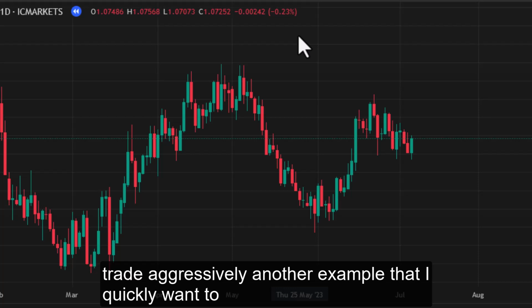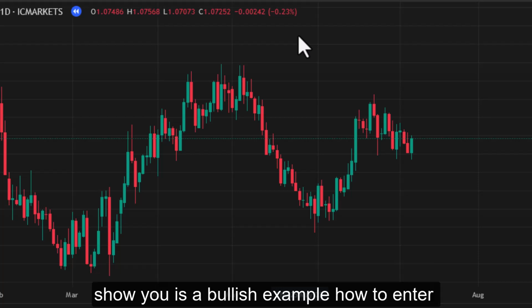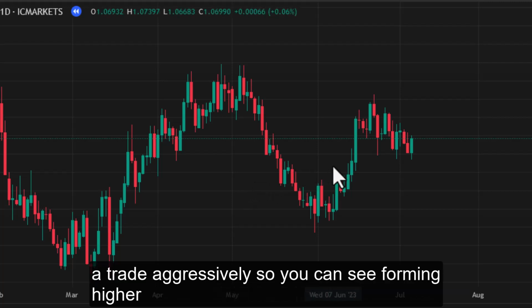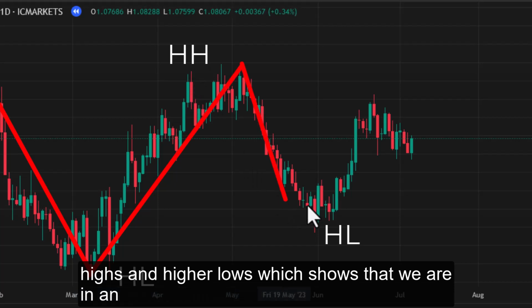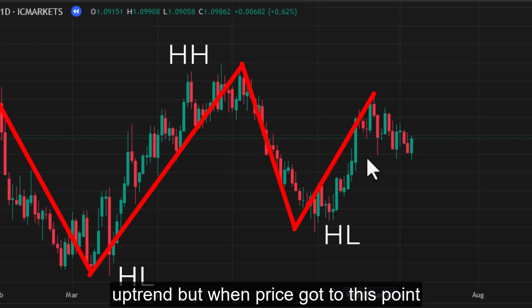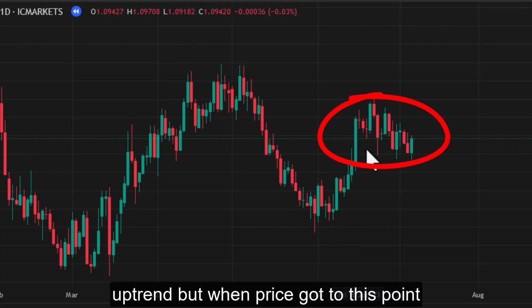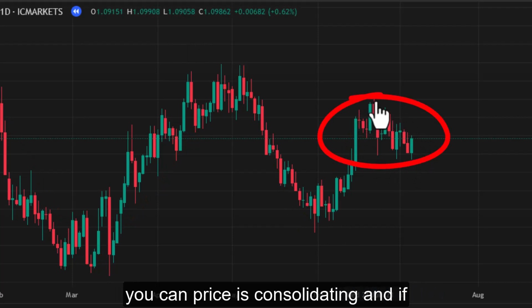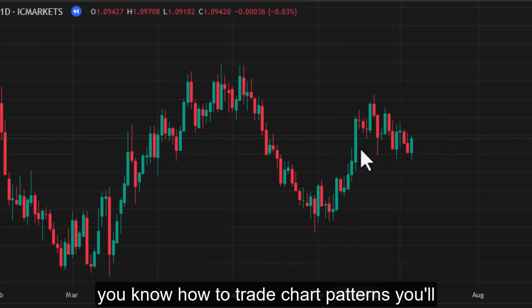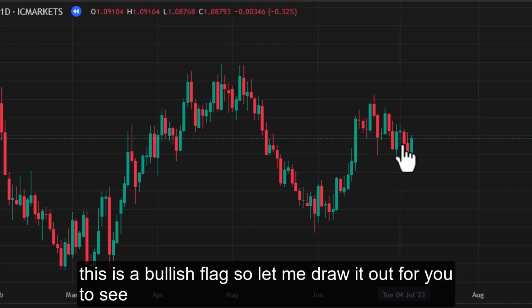Another example that I quickly want to show you is a bullish example of how to enter a trade aggressively. You can see price forming higher highs and higher lows, which shows that we are in an uptrend. But when price got to this point, you can see price is consolidating. If you know how to trade chart patterns, you will know that this is a bullish flag.